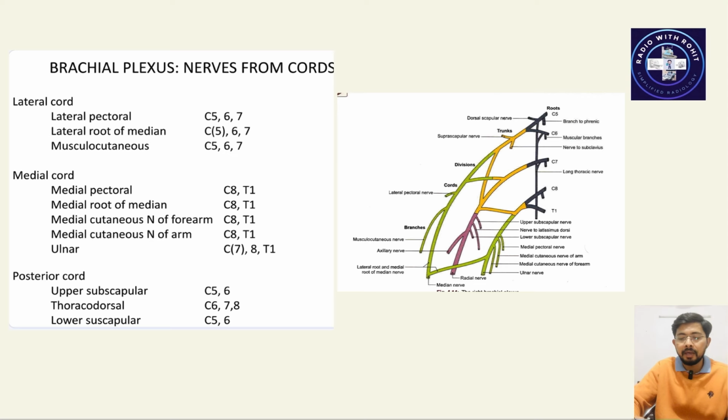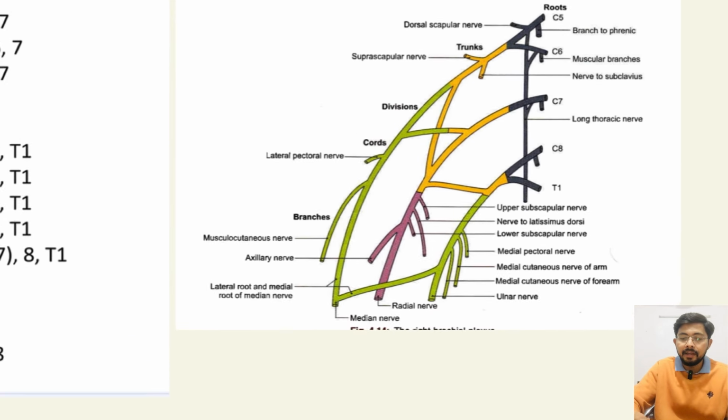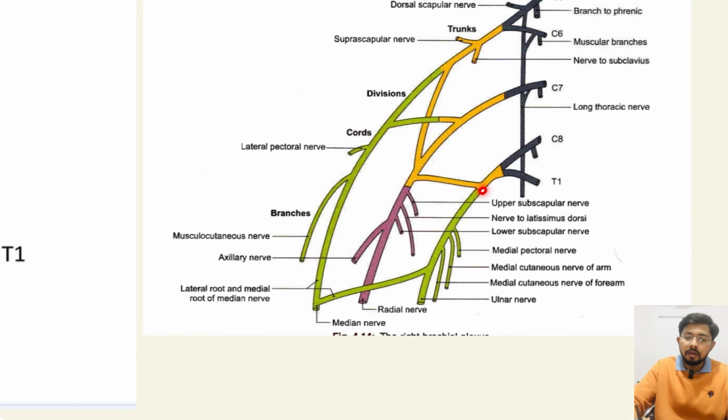Now we have the medial cord. The medial cord is formed by the continuation of the anterior division of the inferior trunk. It gives branches: the medial pectoral nerve, the medial cutaneous nerve of the arm, the medial cutaneous nerve of the forearm, and it itself continues as the ulnar nerve after giving a branch, which is the medial root of the median nerve.